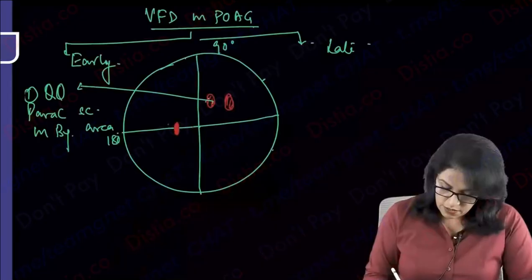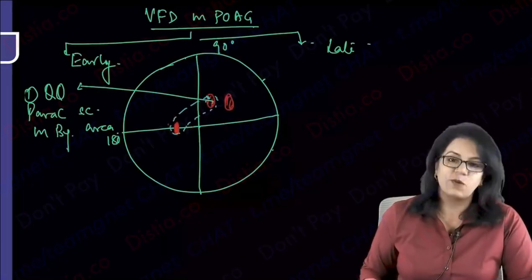Okay, so once we know this, slowly what happens, the pattern of progression of the damage is very typical in glaucoma. So slowly, the next thing that is going to happen is that one of the scotomas is going to start, when this is a paracentral scotoma, the damage is increasing and it is merging with the blind spot.